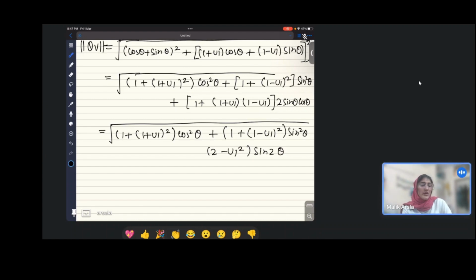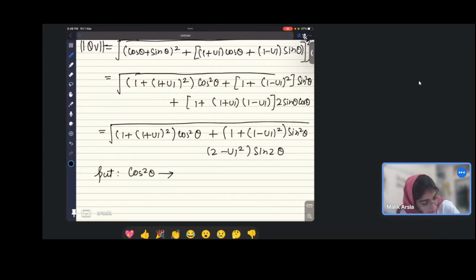Again substituting cos square theta with what? 1 plus cos 2 theta divided by 2, and substituting sine square theta with what? 1 minus cos 2 theta divided by 2. So I'll write it here for your reference.